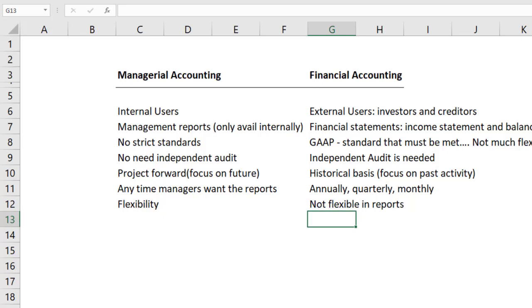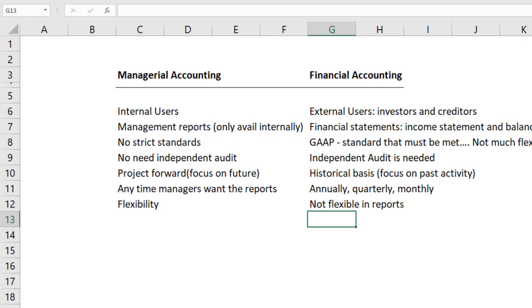They're not flexible in the reports because the external users need to know the exact way the financial statements are going to be made, when they're going to be made, and how they're going to be made so that they can use them as external users. Because they're external, we need to protect them because they don't have access to the information.